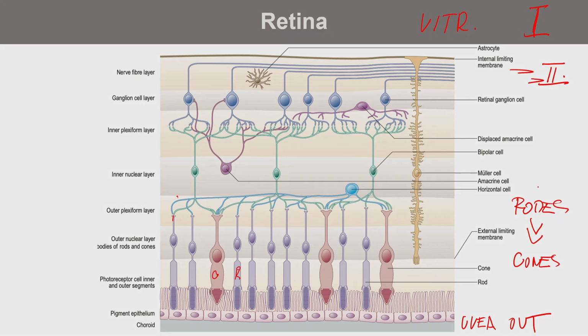The rods are equipped with rhodopsin, and cones by iodopsin. Rods are almost only black and white, so in gray levels, and cones are for color.